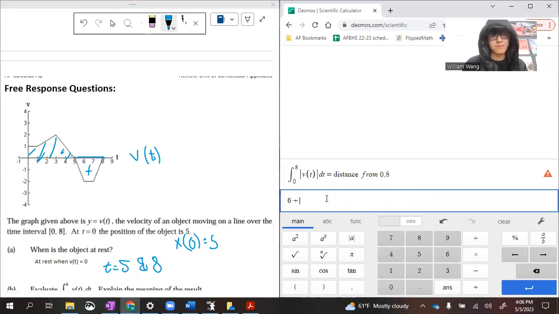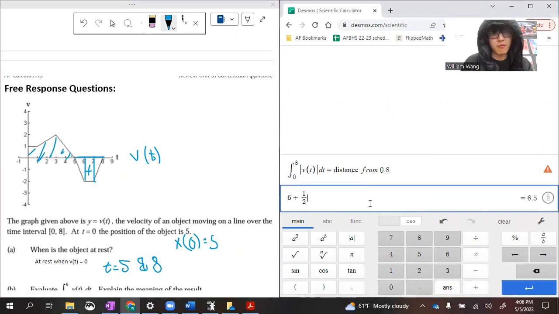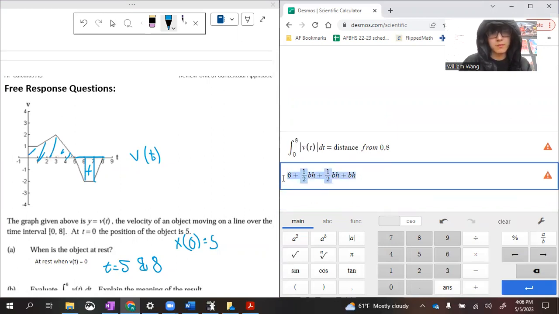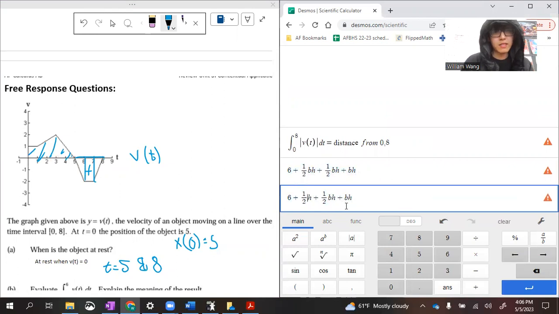That is a trapezoid. Right, so I can calculate that as a trapezoid, or perhaps easier is calculate this as 2 triangles plus a rectangle. All right, 6 plus 1/2 base height plus the second triangle 1/2 base height plus the inner rectangle. All right, 1/2 base height. Well, what is my base?